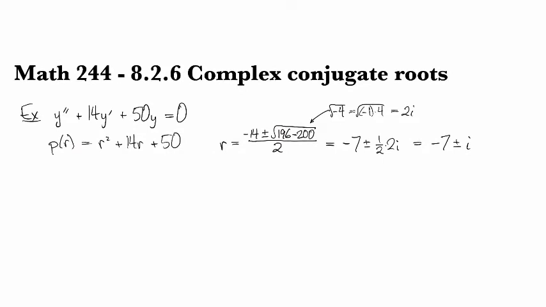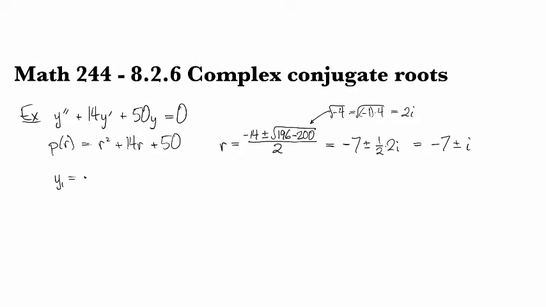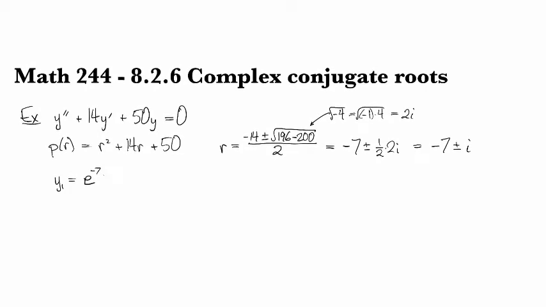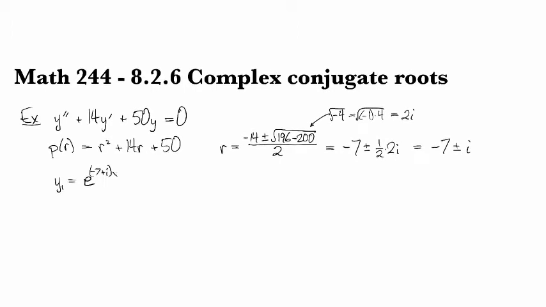Well, our solution ought to be something that looks like e to the minus 7 plus or minus i, let's just say plus for right now, we'll just look at the positive root, times x.